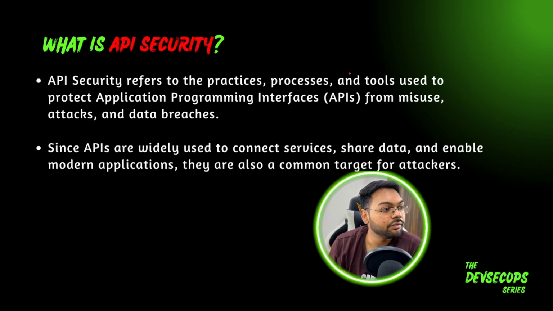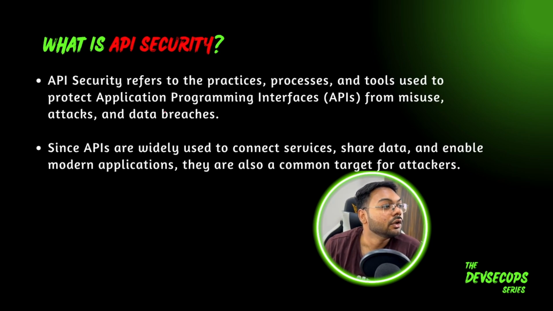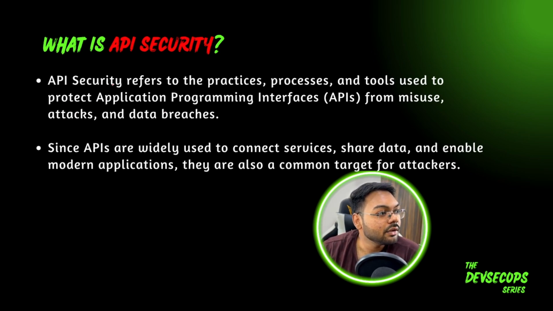So that is what we need to think of: different possibilities of hijacking your API requests and responses. Those are a few things you could already see as security threats for your API requests. So API security refers to the practices, processes, and tools used to protect application programming interfaces, the APIs, from misuse.